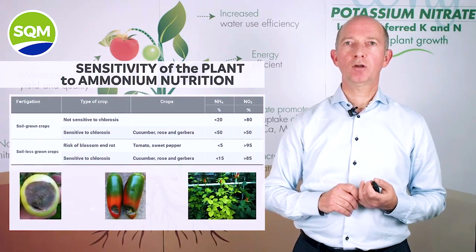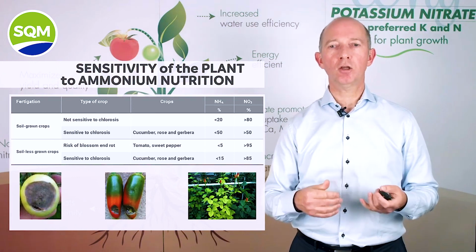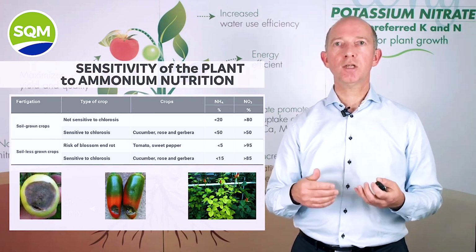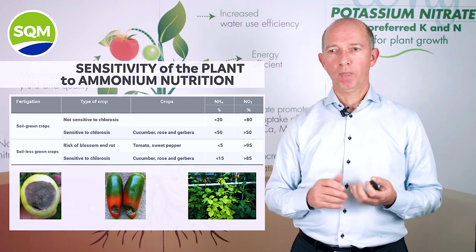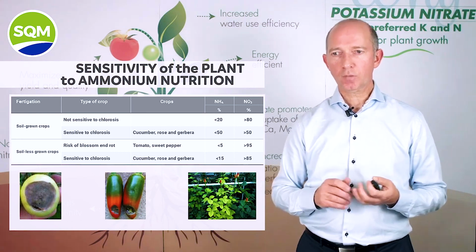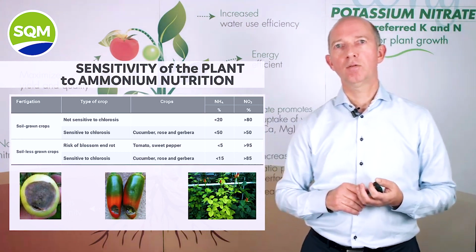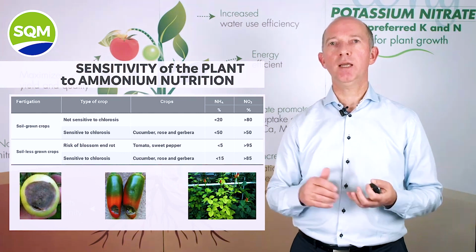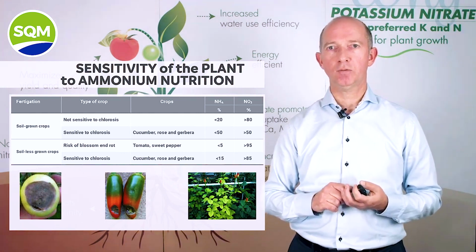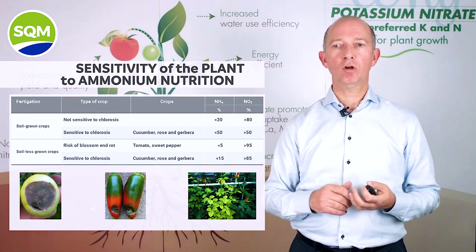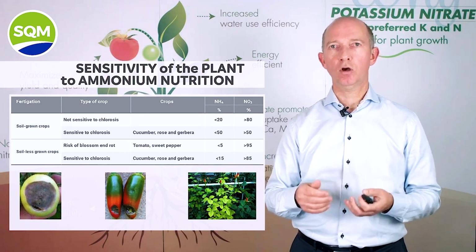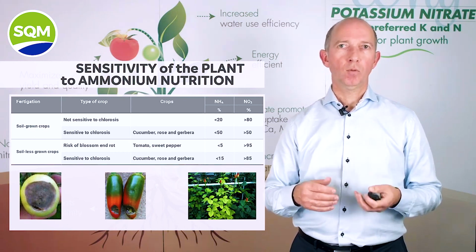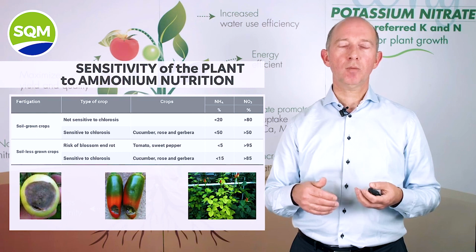So what could be a practical recommendation when it comes to soil-grown crops, those that are not sensitive to chlorosis? We could have less than 20% of ammonium nitrogen and more than 80% of nitrate nitrogen. For crops that are sensitive to chlorosis like cucumber, rose or gerbera, we can increase ammonium content up to 50%.